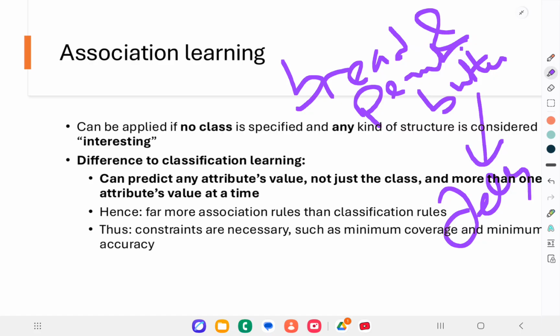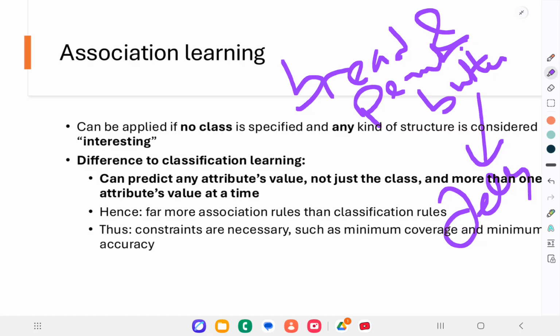Instead of learning a single rule to predict one target, we may discover thousands of association rules, each describing some potentially useful correlation. Things like if the age is young and the coupon is used, then visited websites, yes.